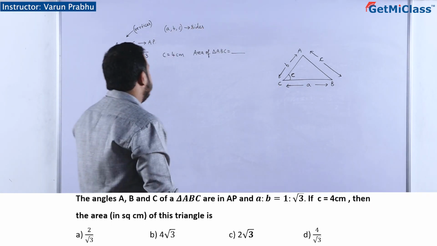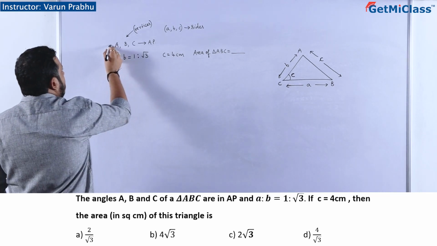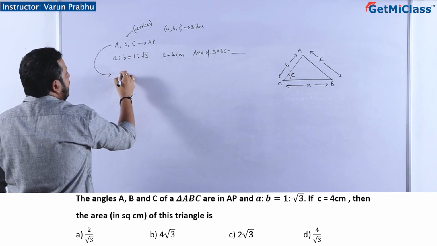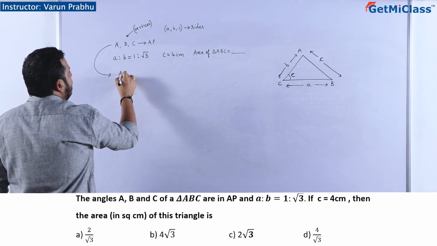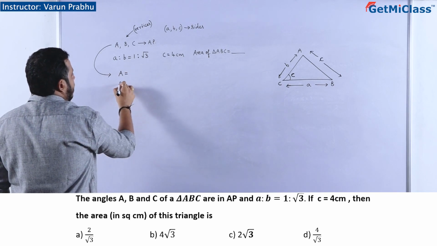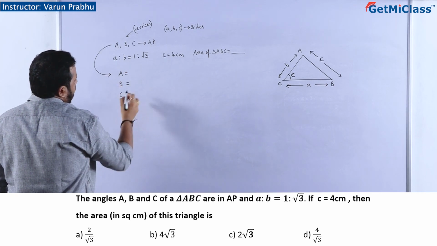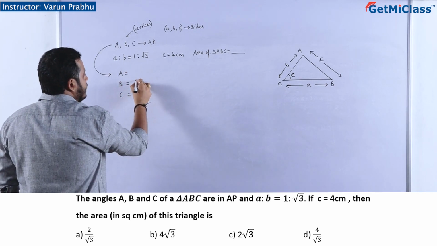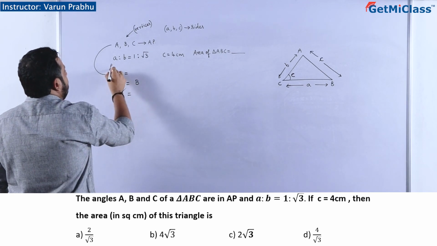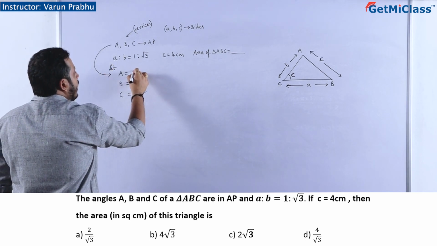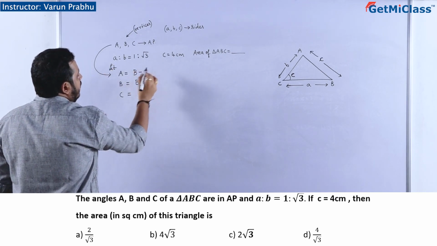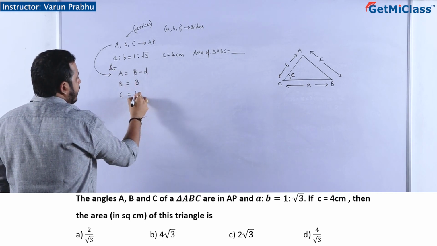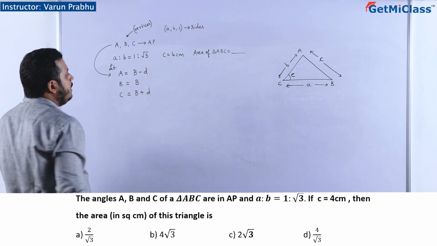Trigonometry applied to triangles. Now it's told in the problem that A, B, C are in AP, right? For easiness, we'll call like this: let B be equal to B itself, A should be equal to B minus D, which means it differs by some common difference, and C should also differ by some common difference.